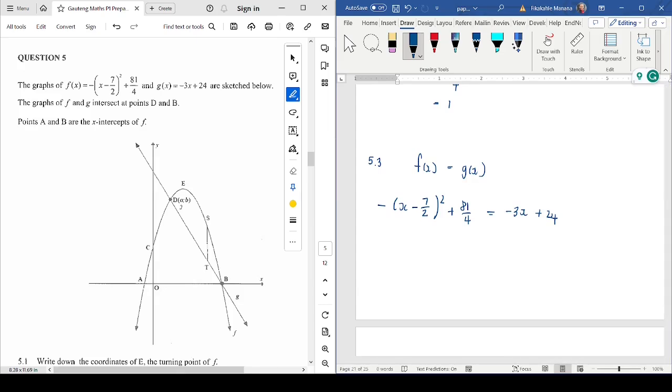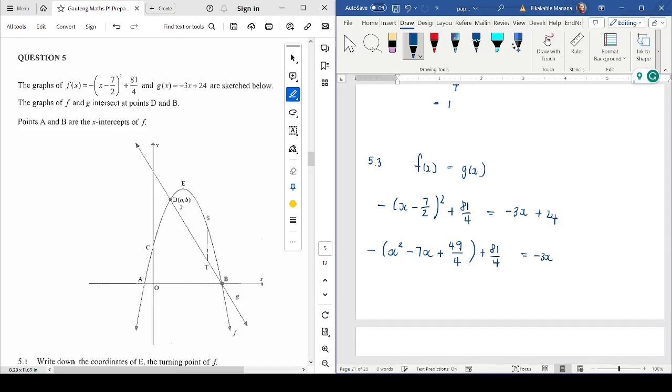If I multiply out this bracket, I have x squared, and then minus 7 over 2 minus 7 over 2, that should be minus 7, because 7 over 2 is 3.5, so minus 3.5 minus 3.5 is minus 7, and then plus 49 over 4, and then we have 81 over 4.